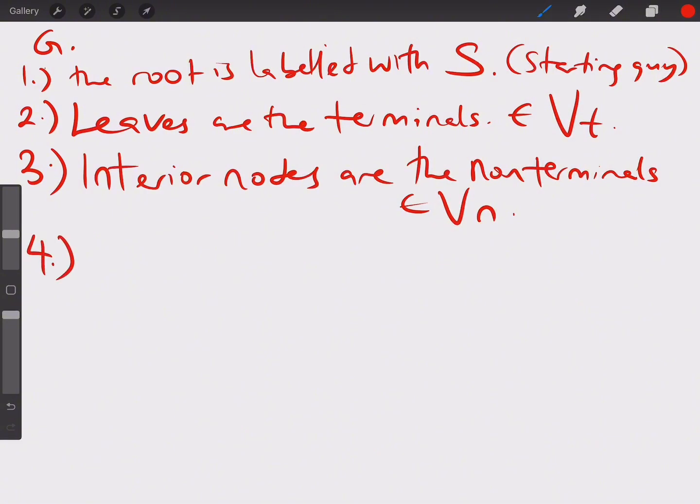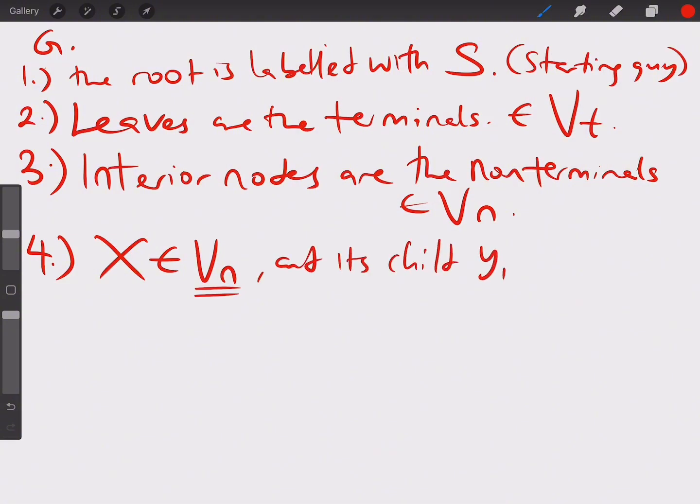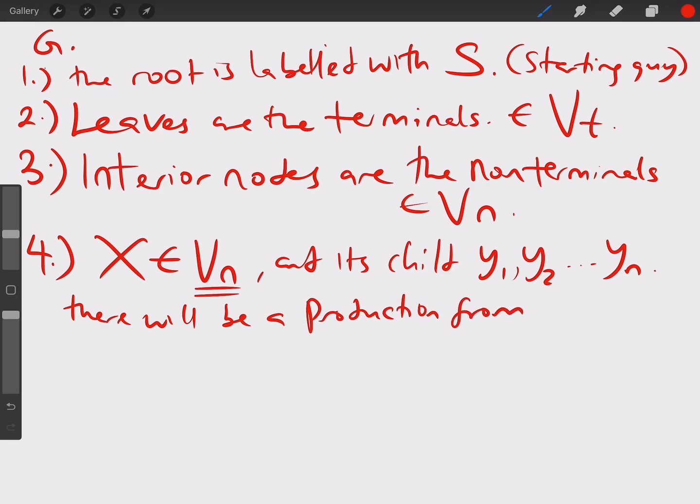Then we now have the relationships between them, where we have a label X, which is an element of VN, a non-terminal, and it has children y1, y2, dot dot dot, yn. There will be a production from X to all its children.